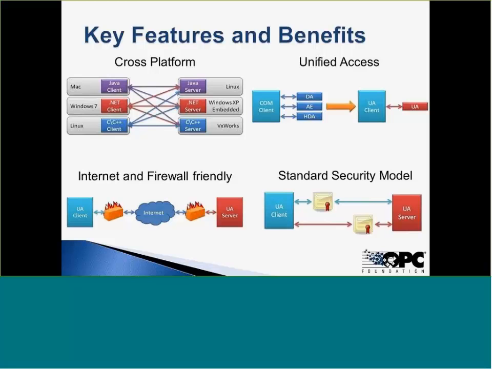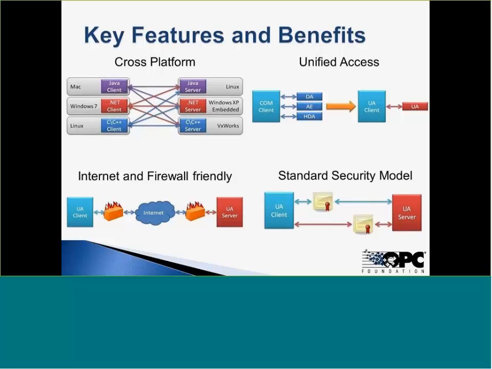I talked about the importance of internet and firewall friendly. This is all about this, where a UA client can now talk across the internet to a UA server because we've standardized on the message on the wire instead of standardizing on a mechanism to communicate that was tied to an operating system.